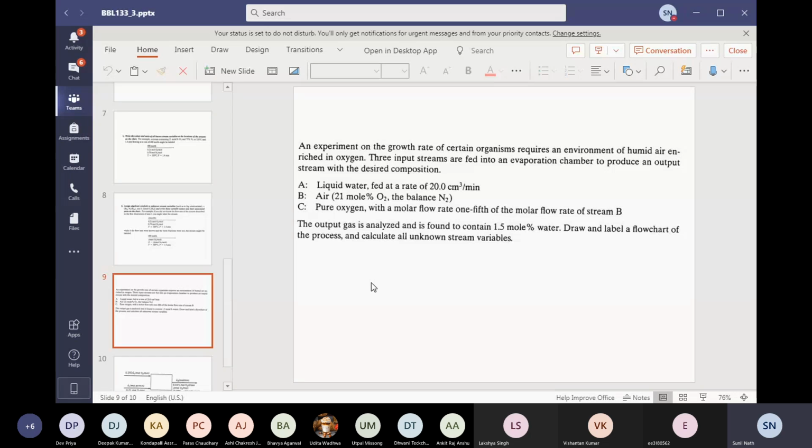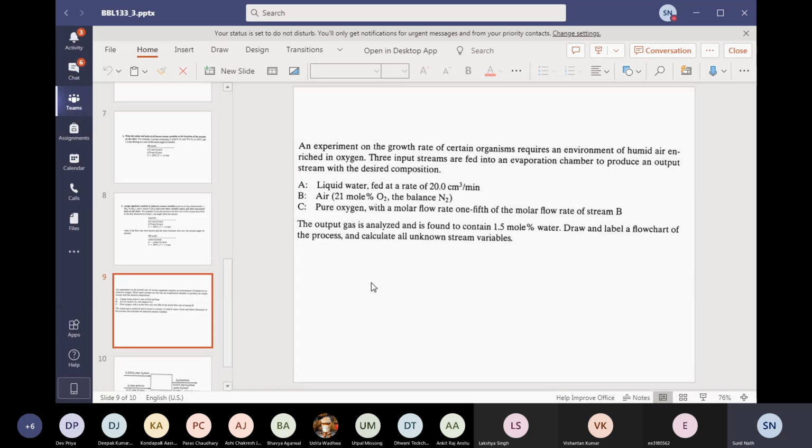It's given in B. That item of information in B you have to put on the diagram. We know the mole fraction. So it says 21 mole percent, so fraction is 0.21 and 0.79 of nitrogen, that we know. So you are going to put that also on the diagram.